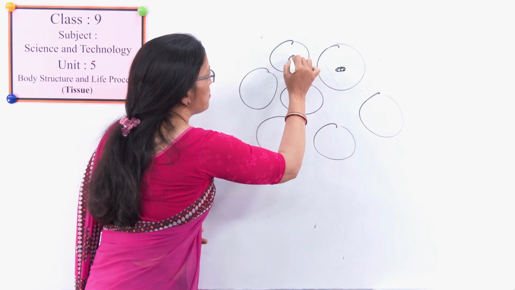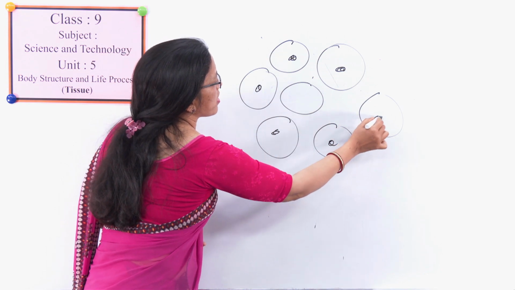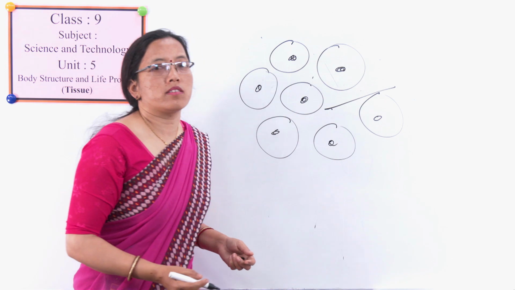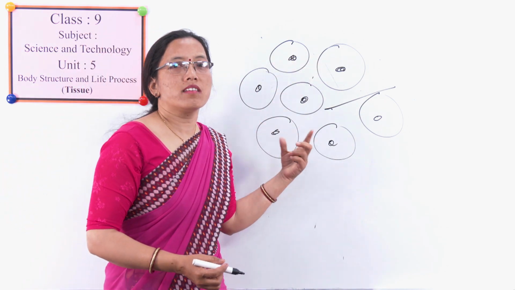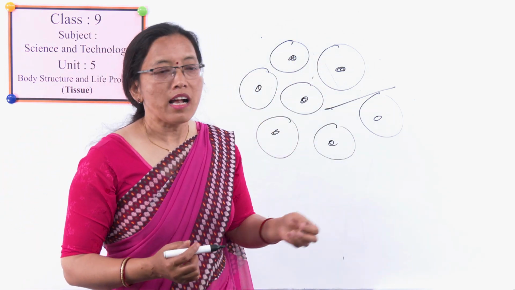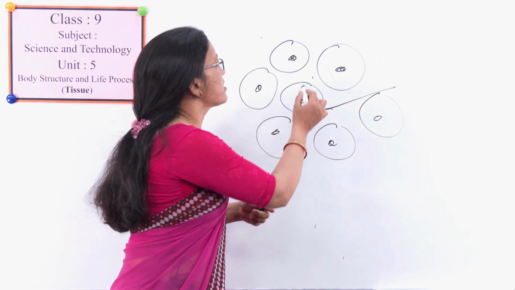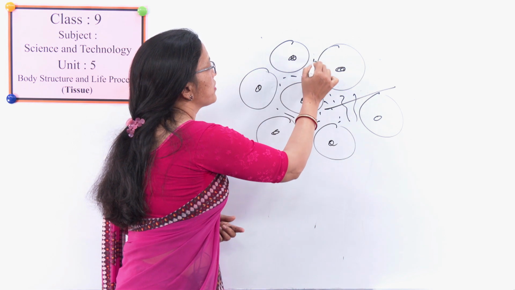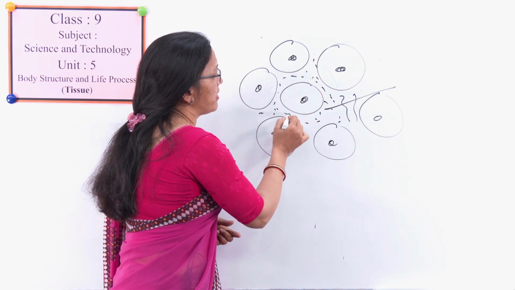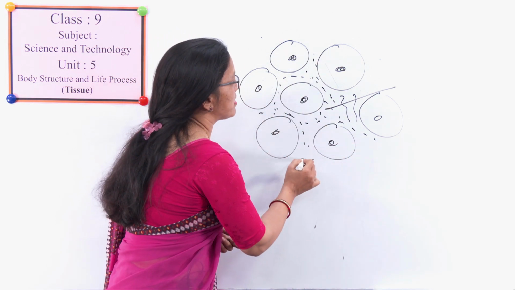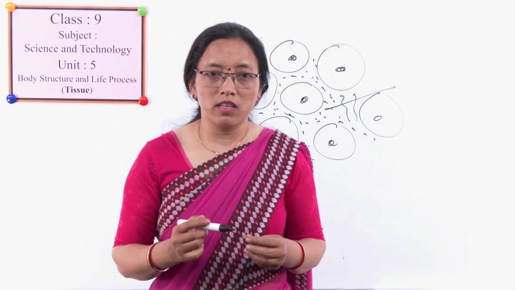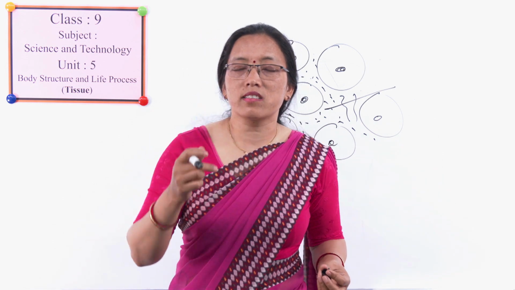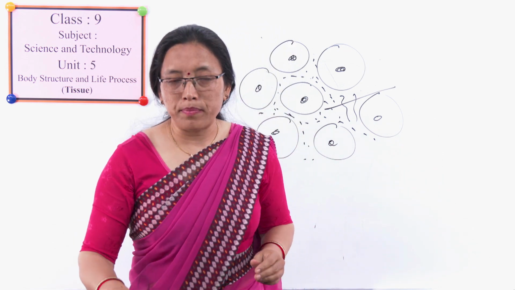And in between these cells there is some gap. This gap is called intercellular space. The gap between the cells is called intercellular space, and this space is filled with some other material like matrix and fibers. In connective tissue, there are loosely arranged cells, and in between the cells there is some matrix present. Matrix is a semi-solid substance in which some fibers are suspended.